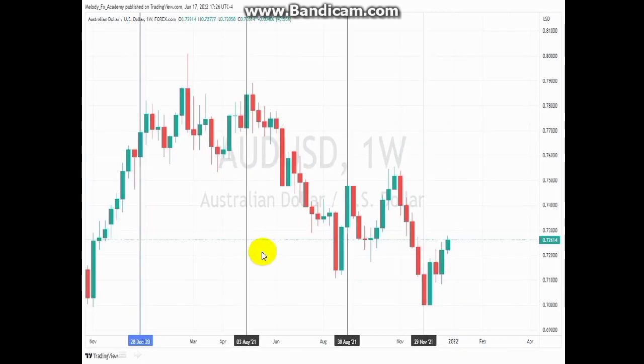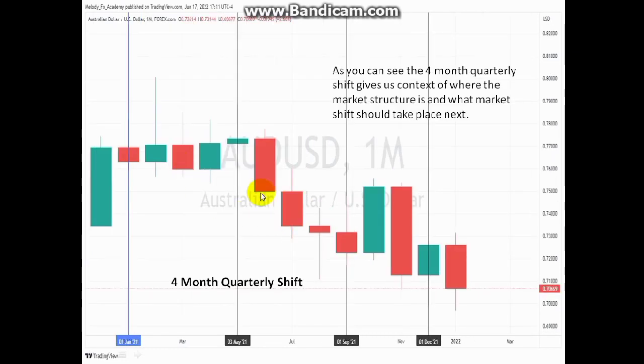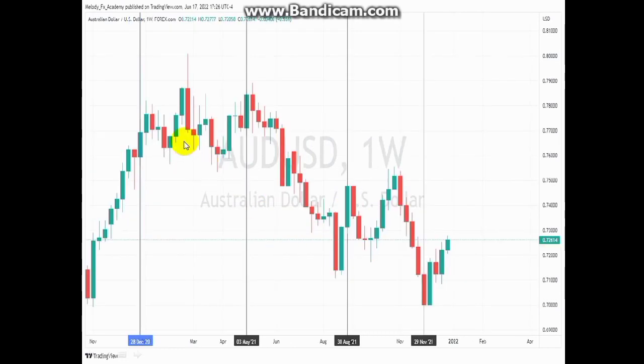Now let's go down, and this is looking at it from the 4 month quarterly shift. Looking at it from the weekly time frame, you can see the first 4 months of the year 2021 consolidated. Then going into the second quarterly shift, we had an expansion, which is a bearish move to the downside.